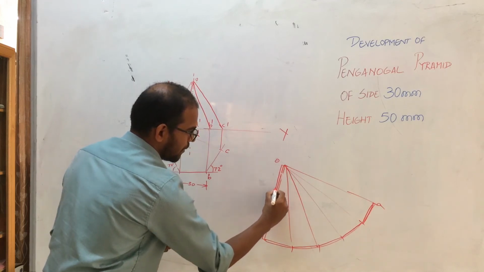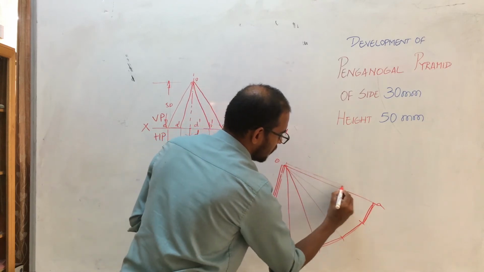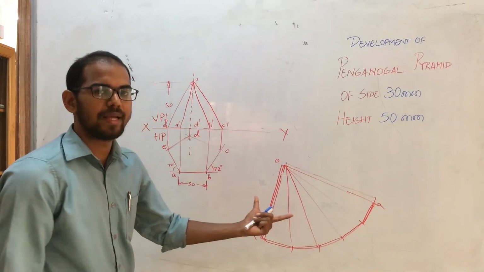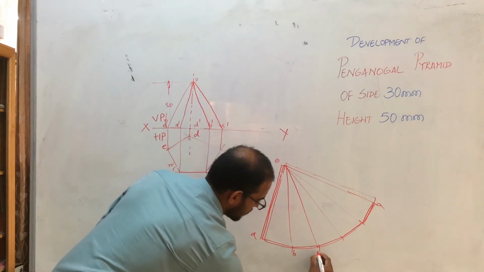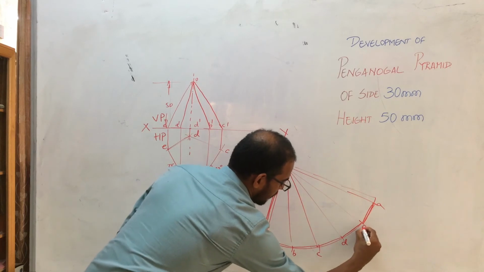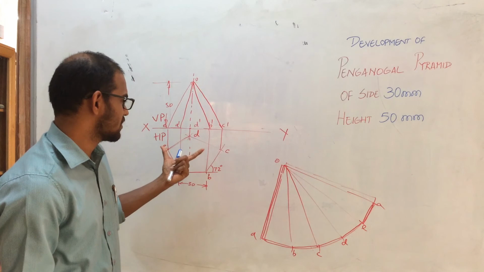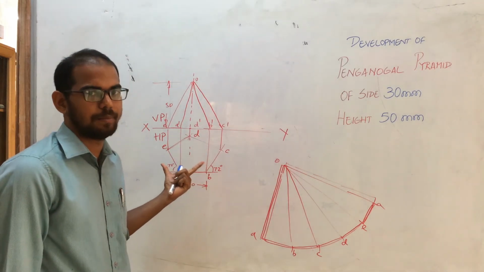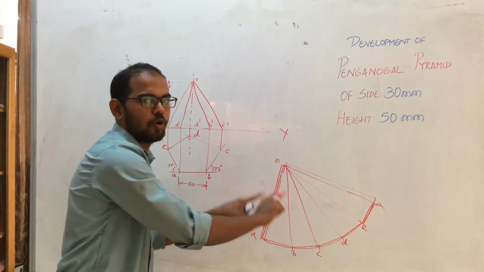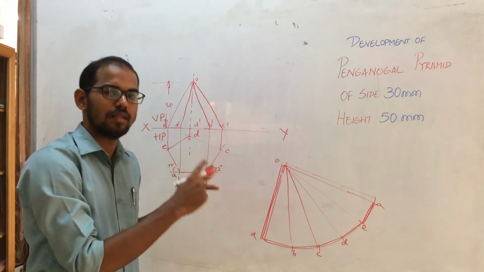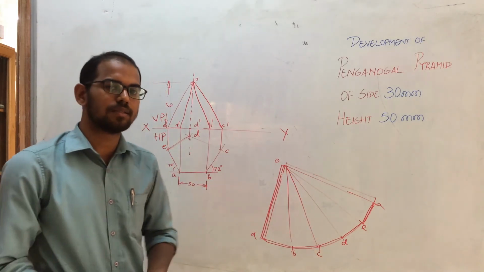So an extra 10 mm over here and an extra 5 mm over here is provided to make the joint. We have to name these points A, B, C, D, E, again A, and this is O, the apex. This is how the regular pentagonal pyramid is developed. By pasting this sheet over the sheet metal, cutting that part, and joining these sides, we can get the regular pentagonal pyramid.